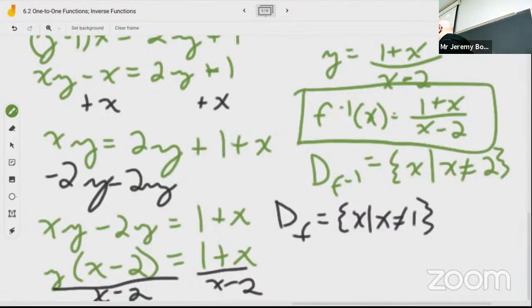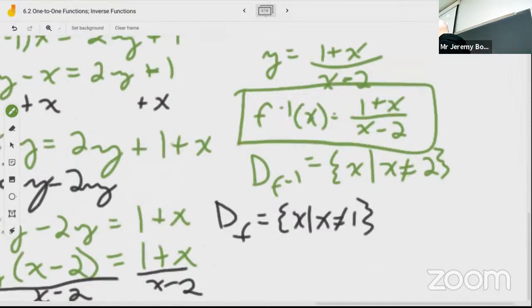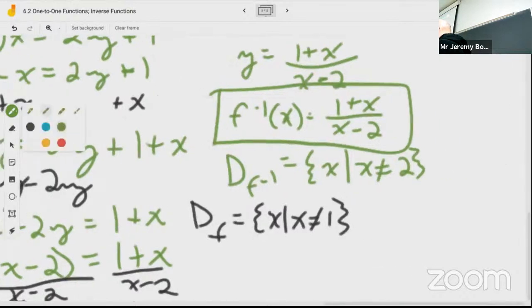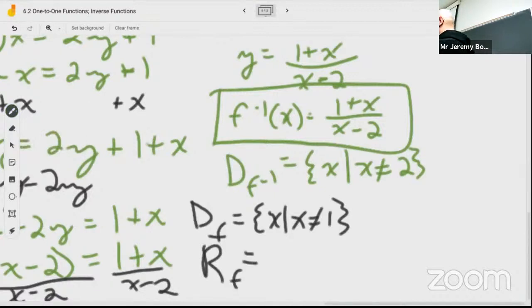Now, here comes my thinking question. What is the range of f? You got one extra number in there.